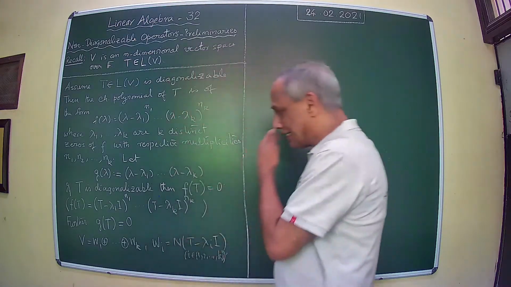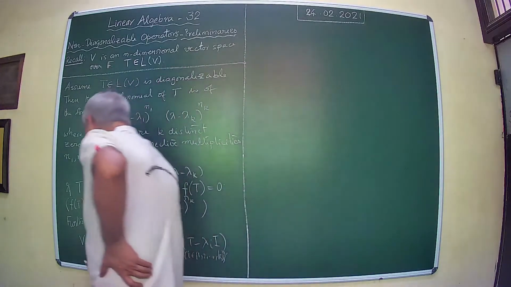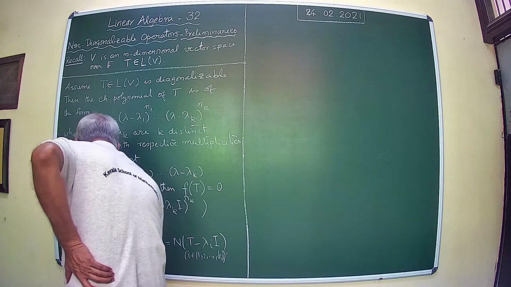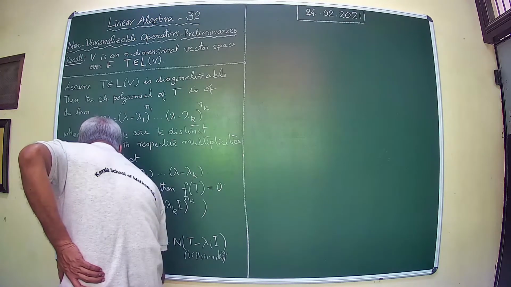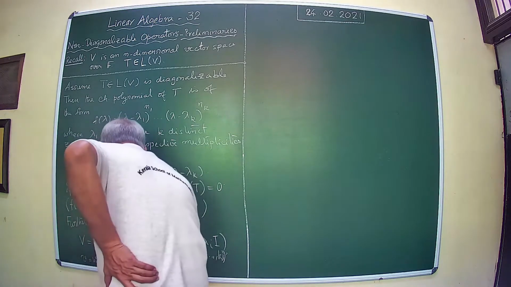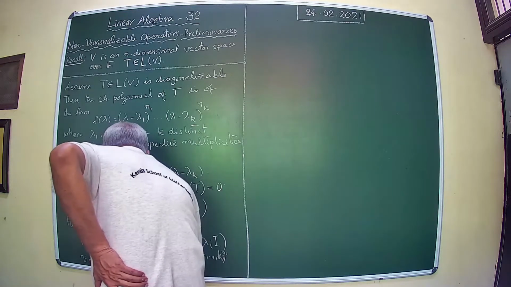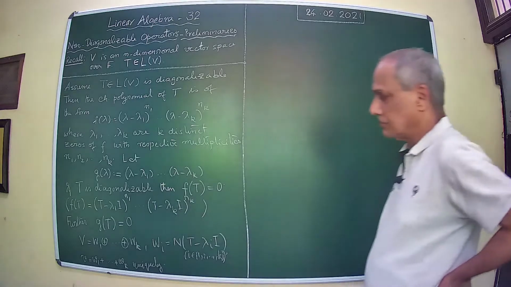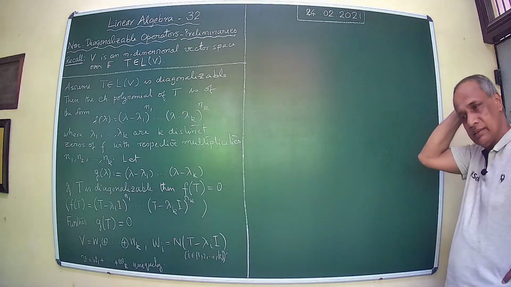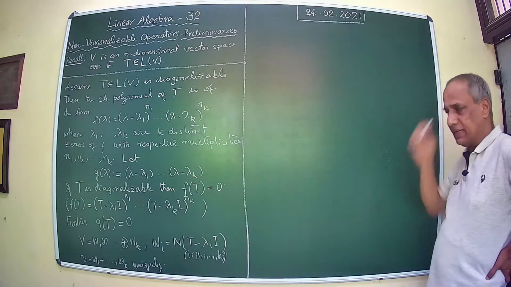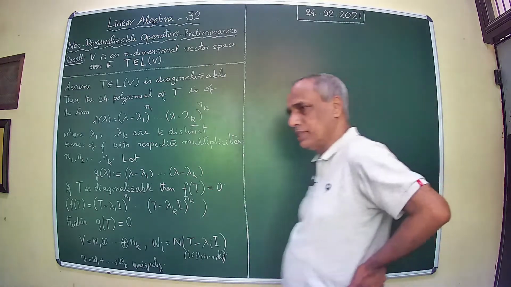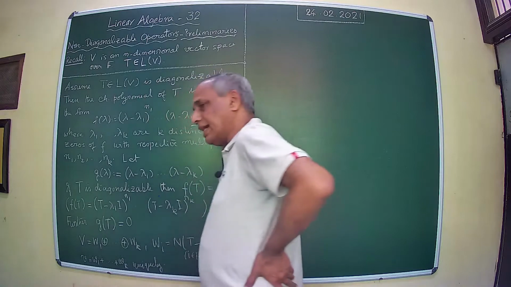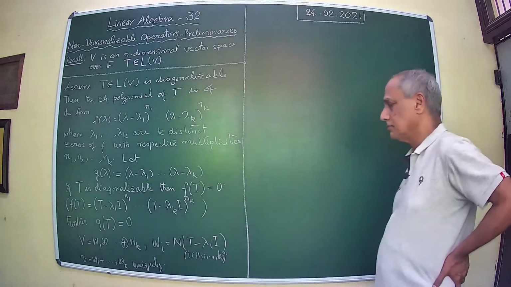Now you see that this means V can be written as W1 plus ... plus Wk uniquely, and each vector in Wi is an eigenvector of T associated with the eigenvalue lambda i.